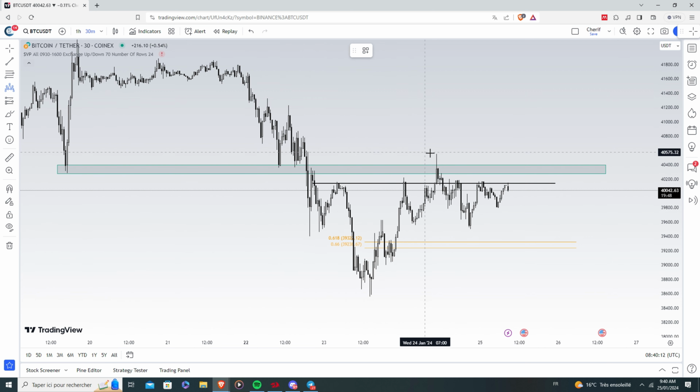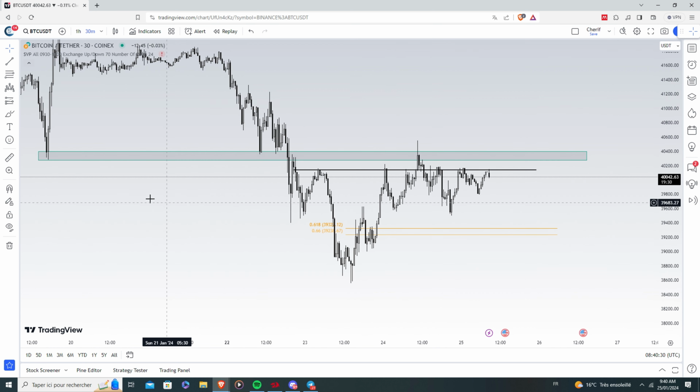So if you have shorted late and you're using a stop loss that's above of this rectangle, I believe that you should lay your position for another time. And the stop loss for this scenario would be closure below the 0.618 Fibonacci, which is the CC level.